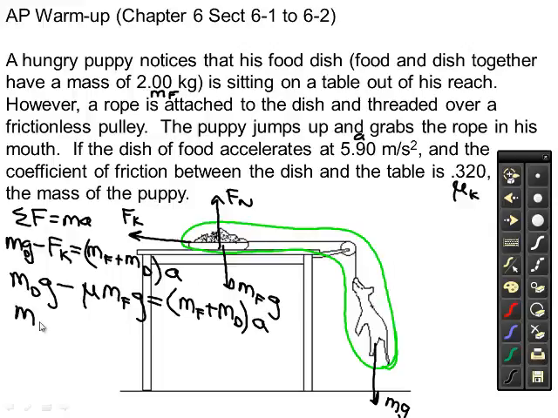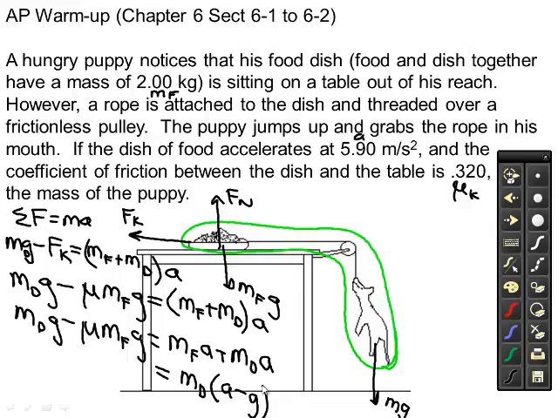So m sub d g minus mu m sub f g equals m sub f a plus m sub d a. Take everything with m sub d and put it on one side, put everything else on the other. So over on this side, I'm going to have m sub d times (a minus g). All I did was take m sub d a and subtract it from both sides and factor out the m sub d.